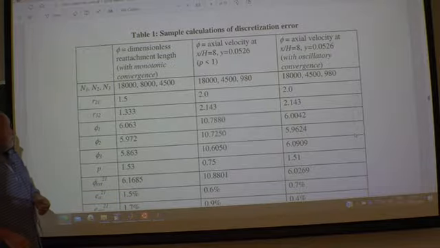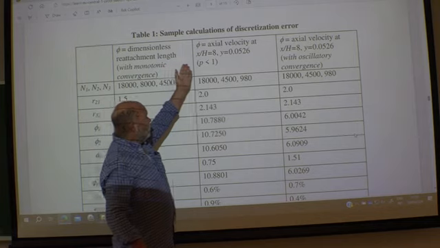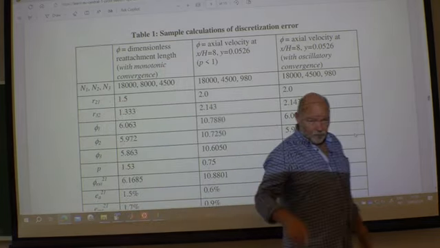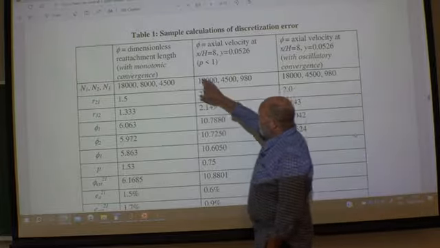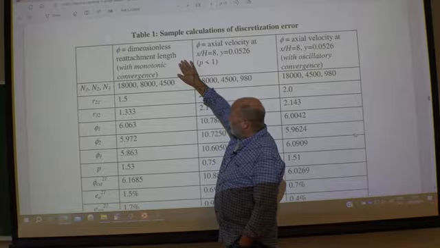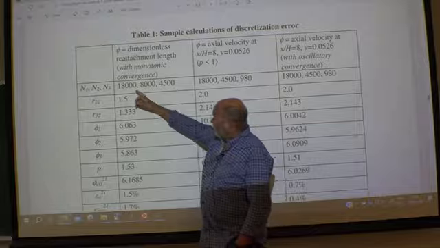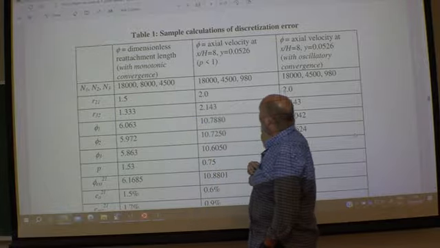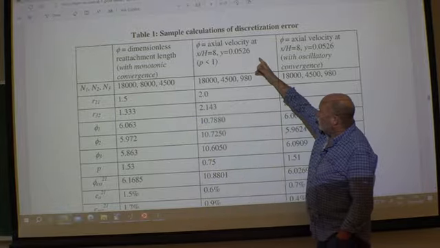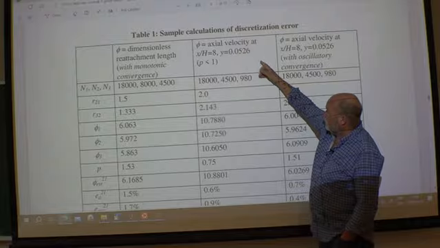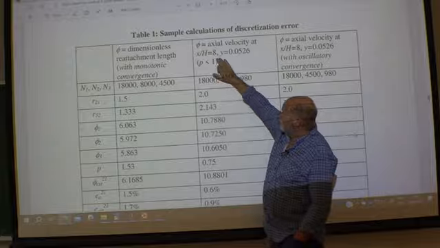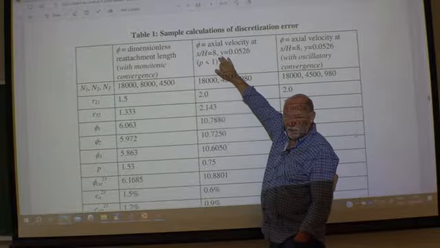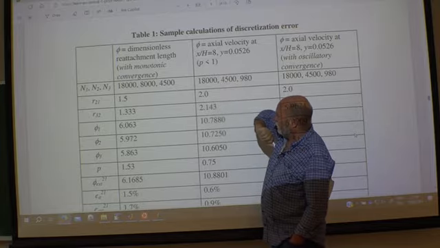So here they have set up a table for us. So they have tried here with different monitors. It's the same problem as us, backward facing step. So here they have used the reattachment length, with 3 different meshes. Here they have taken a velocity at a given point. It's roughly just above the reattachment length, I think.